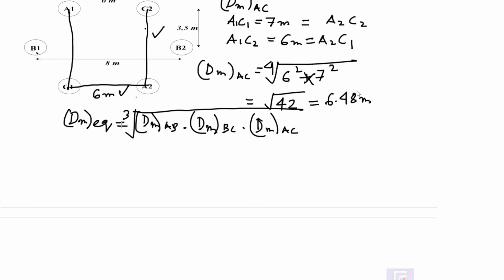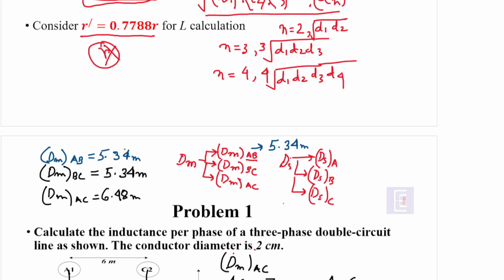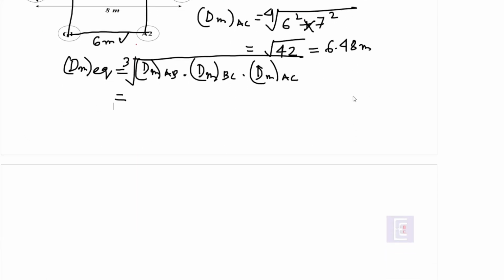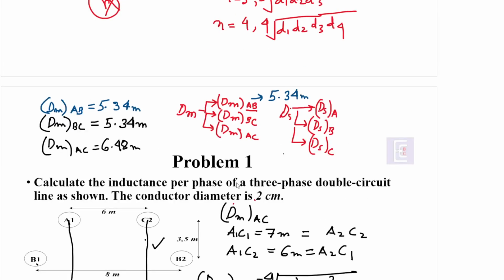What is DMAB? That is the mutual distance between A and B. I think it is 5.34. DMBC is also 5.34, so it will be squared. And lastly, we have DMAC equal to 6.48.